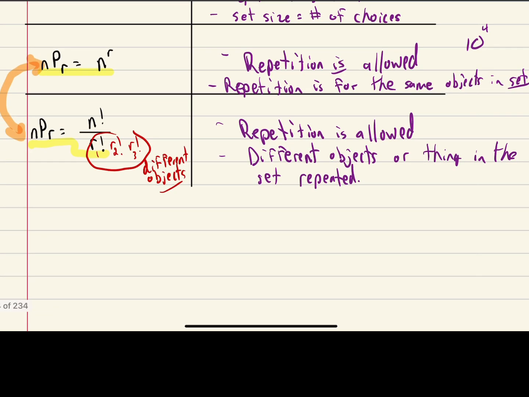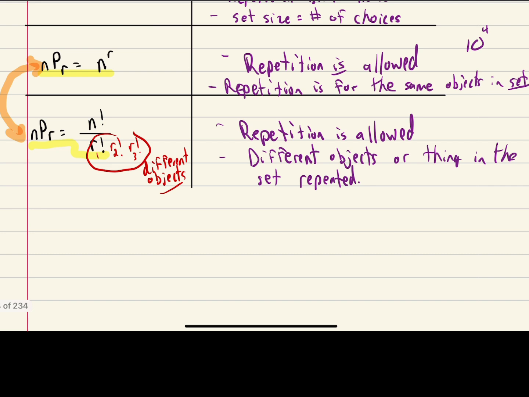So let's say I want to ask, how many ways can we rearrange the word kiss into 4 letter words, into 4 different letters. So here I got 1, 2, 3, 4. So the sample size is 4. And then divided by, well, what repeats here?